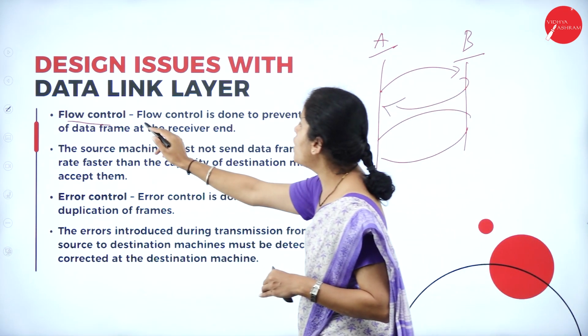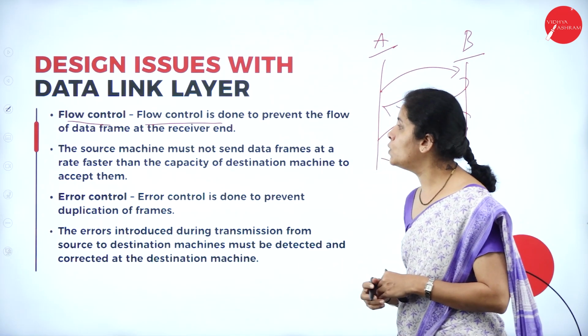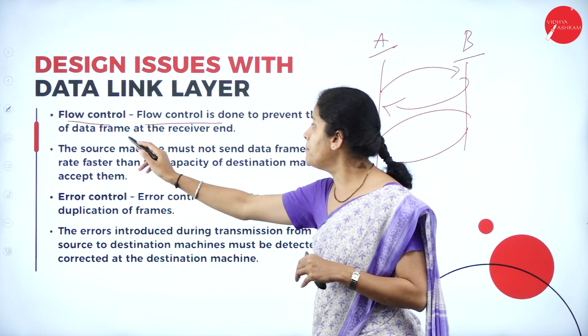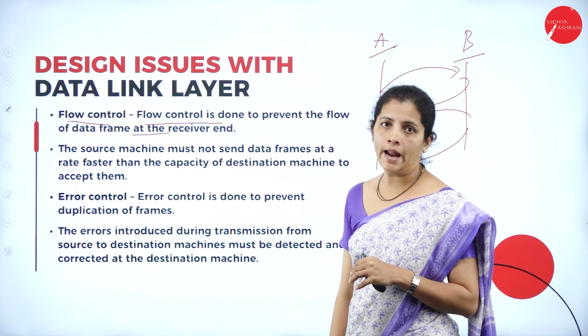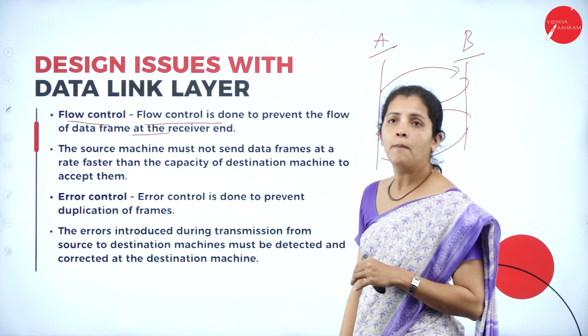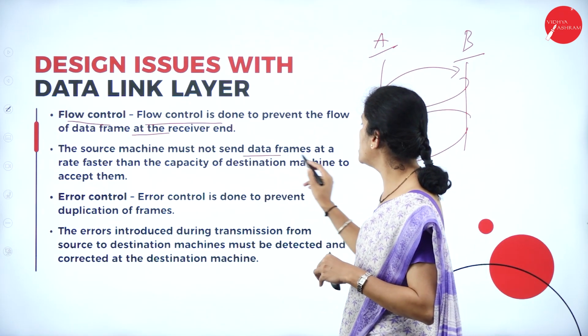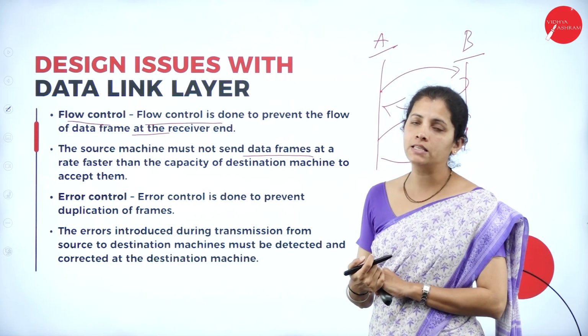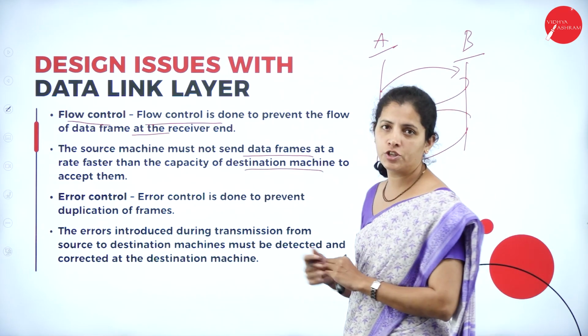Flow control is done to prevent the overflow of data frames at the receiver end. The source machine must not send data frames at a rate faster than the capacity of the destination machine.